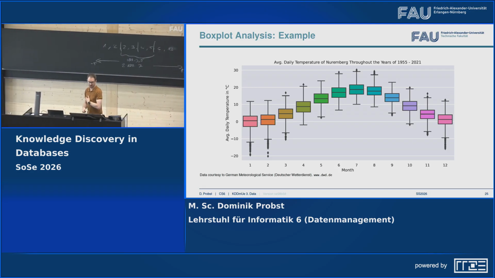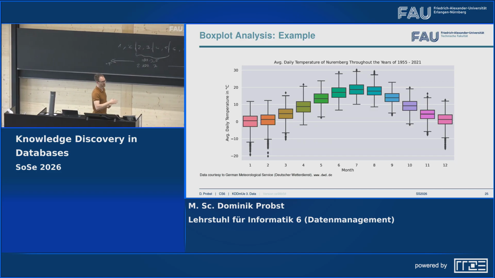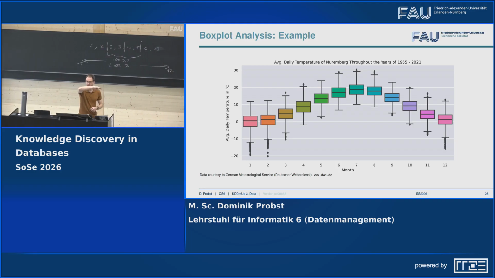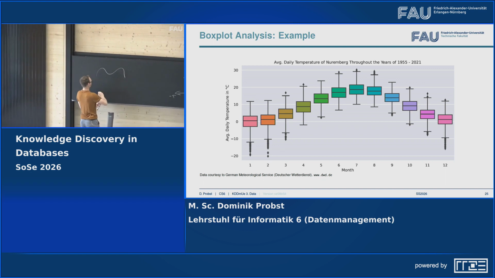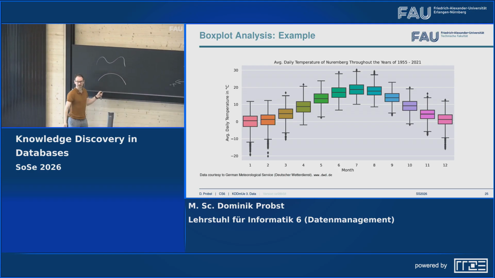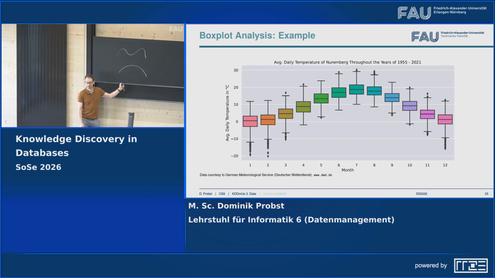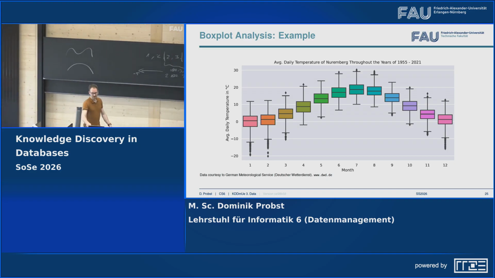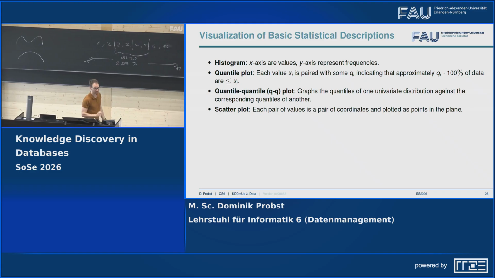However, box plots are pretty static and do not really display the distribution. We can have, for example, two hills to the side, so we can have a distribution like this and a distribution like this might lead to the same box plot. That's not something we can see in a box plot. That's the reason why we also need other visualization techniques.